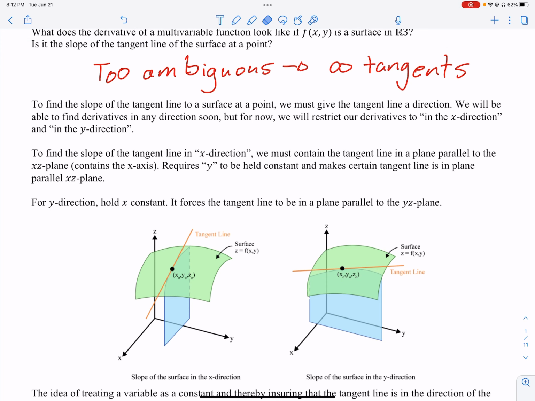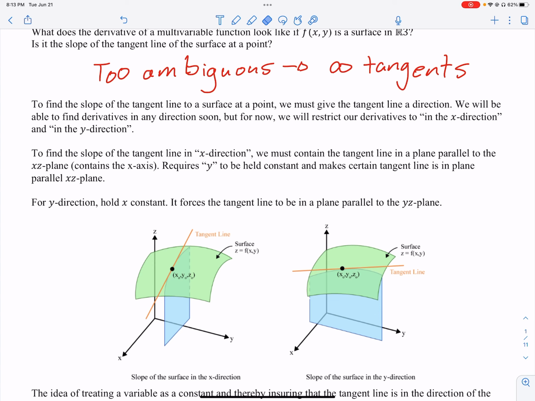To find the slope of a tangent line to a surface at a point, if we're talking about 3 dimensions, we must give the tangent line a direction. If we don't figure out a direction, the derivative doesn't really make sense, when we think about it in just the x direction all the time, and then making sense for everything, or in the y direction all the time. What we have to do is consider every single direction that tangent line could be pointing.